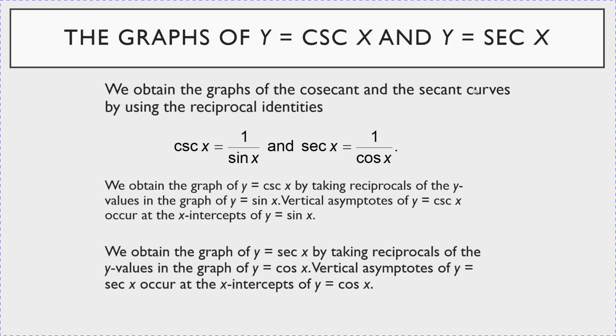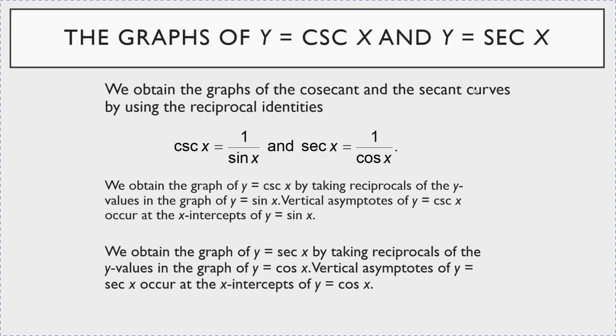When we're going to obtain the graphs of cosecant and secant curves, we're going to do it by using the reciprocal identities. The reciprocal identities are the following. Cosecant of x is defined as 1 divided by sine of x, and secant of x is defined as 1 divided by cosine of x. So here's what we do. We obtain the graph of y is equal to cosecant of x by taking the reciprocal values of the graph of y is equal to sine of x.